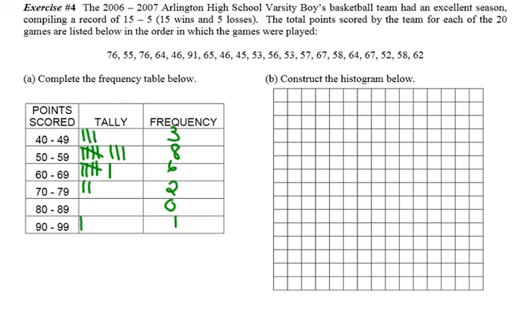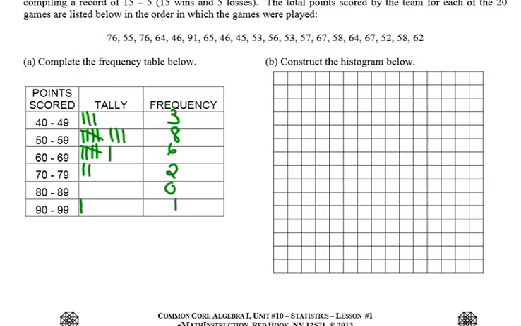Okay, hopefully you were able to fill those in and I didn't make any mistakes, so they matched. So when you're actually constructing the histogram, down below is where you're going to put your ranges. So in this case, it's points scored. Your y-axis is always the frequency. So we have to only get up to 8 on the frequency, which means I'm guessing we can probably go by 2s.